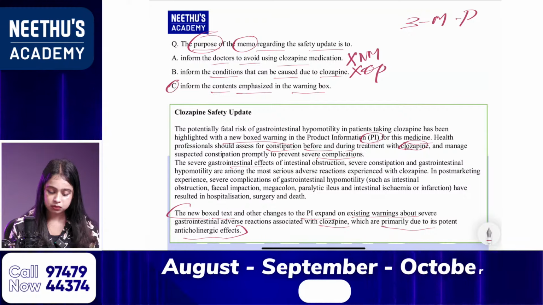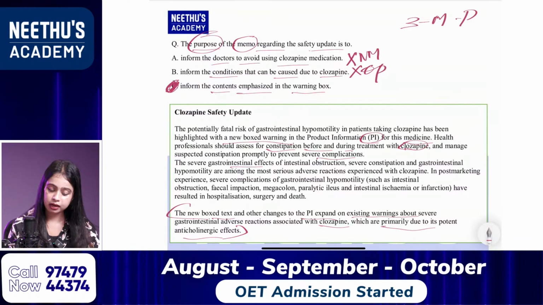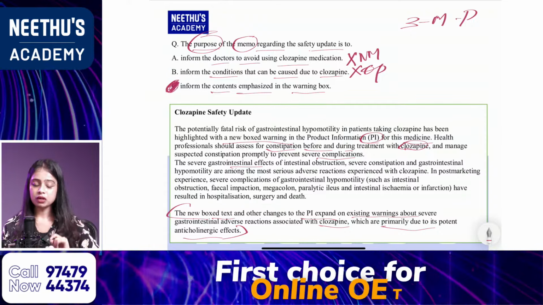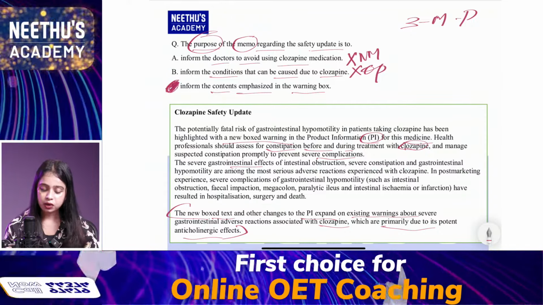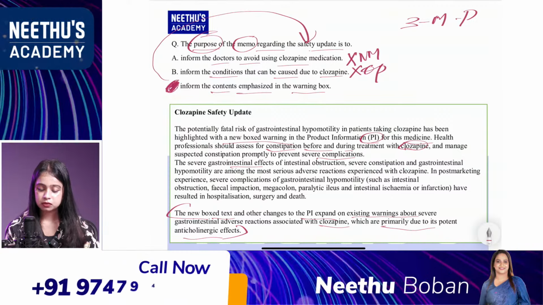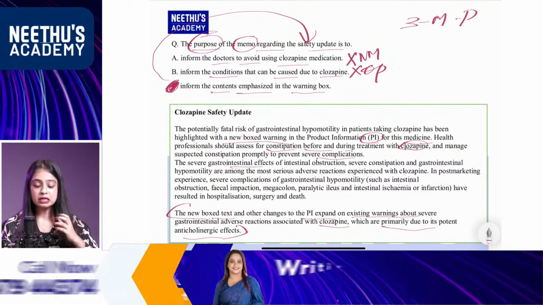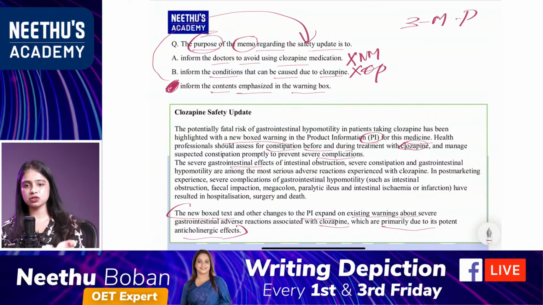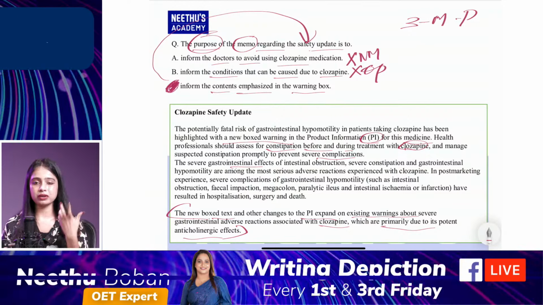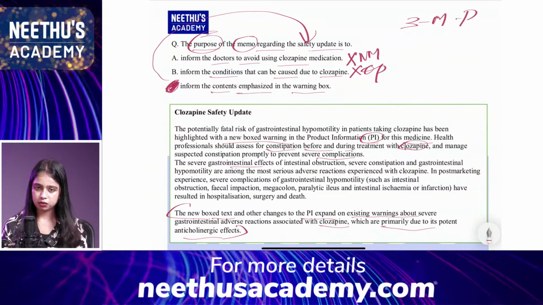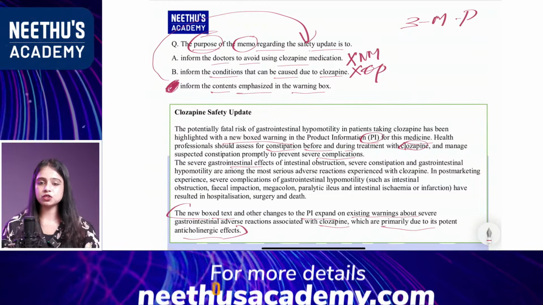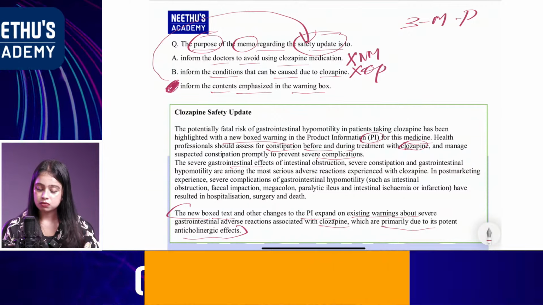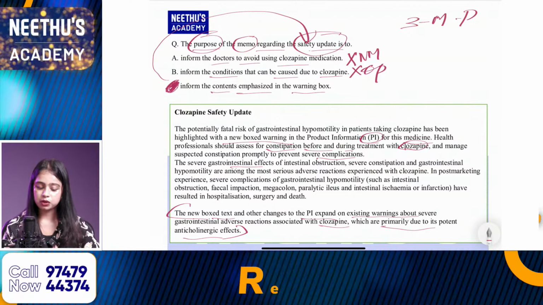My answer is option C: inform the contents emphasized in the warning box. And I will give you another clue. See this question: safety update. What do you mean by update? If you are updating some apps, definitely it's for the new or latest changes. So safety update means new changes. Where is it mentioned?